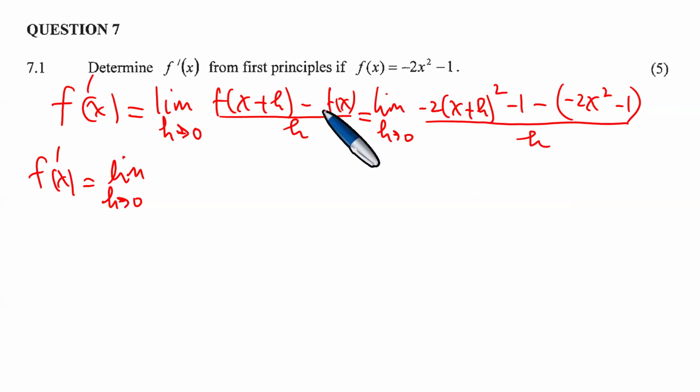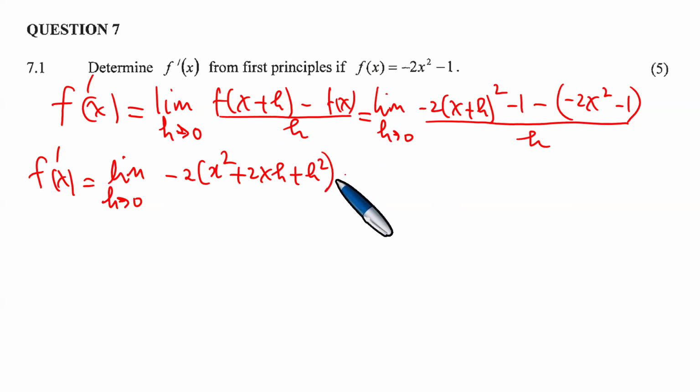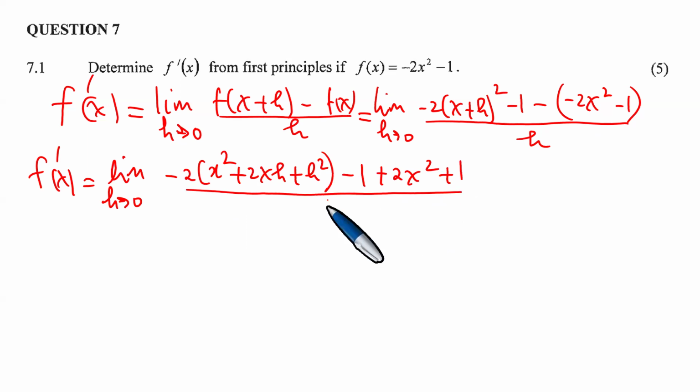And this is therefore minus f of x, which is minus 2x squared minus 1. You square everything here, which is x squared plus 2xh plus h squared, minus 1. We perform distribution here. Negative by negative gives us a plus. I know that this one you know very well, but we begin building from the bottom up.